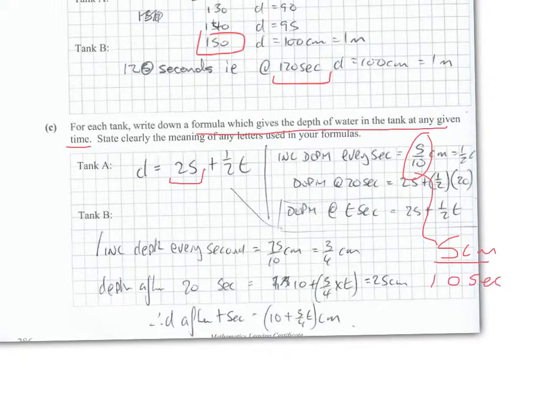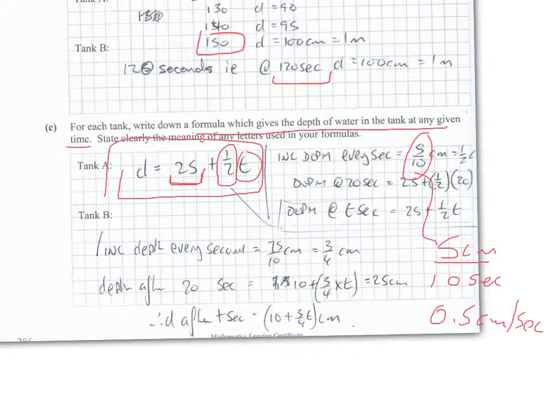So what's that in 1 second? It would be 0.5 centimetres per 1 second if I divide above and below by 10. So our depth with respect to time must be equal to the initial depth of 25 plus this rate of half a centimetre per second times the number of seconds.